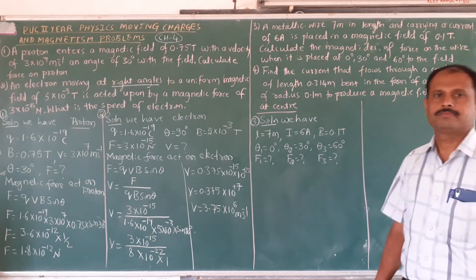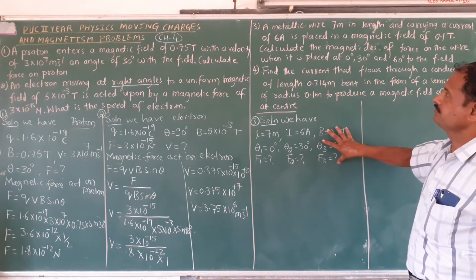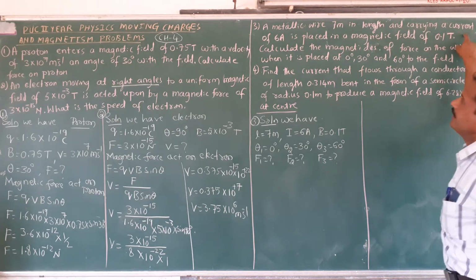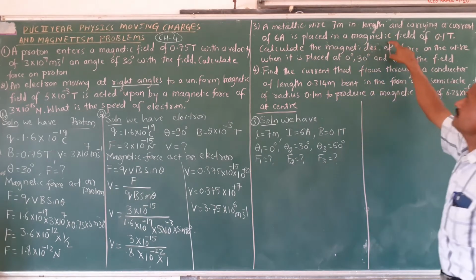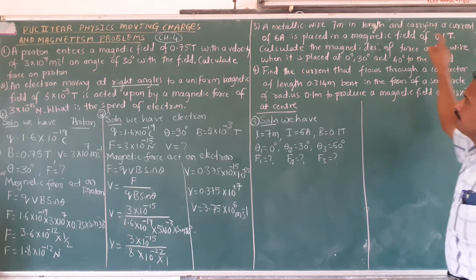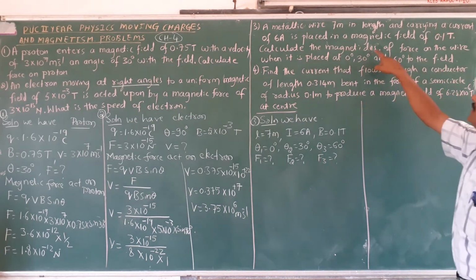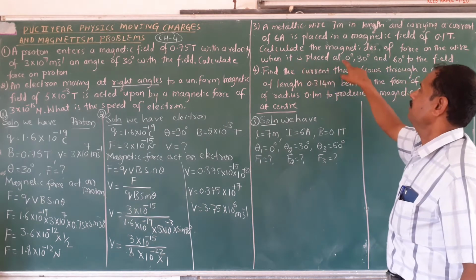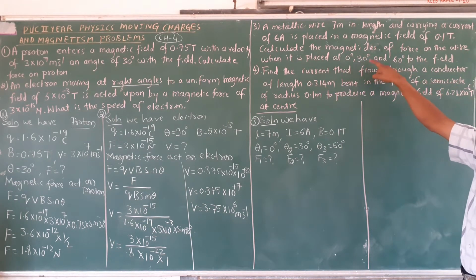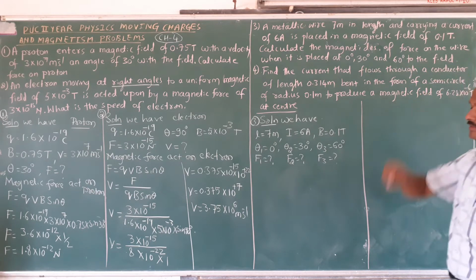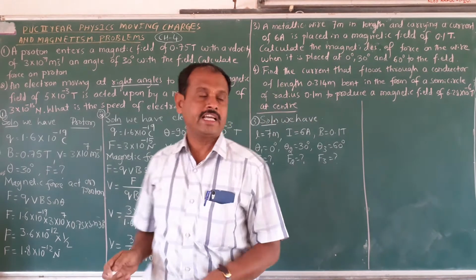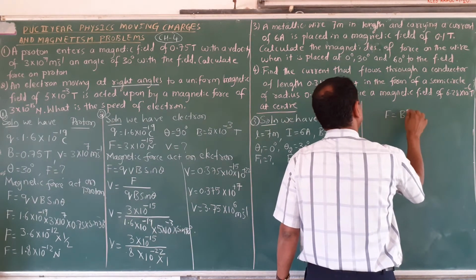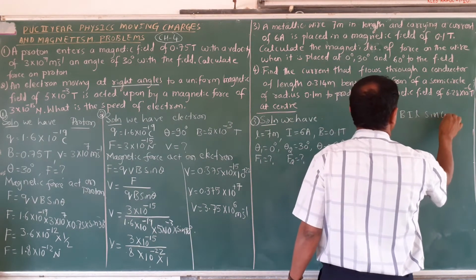But this problem is a metallic wire 7 meter in length carrying a current of 6 ampere, placed in a magnetic field of 0.1 Tesla. Calculate the magnitudes of force on the wire when it is placed at 0 degree, 30 degree and 60 degree to the field. What is the expression for the force acting on the current carrying conductor in the magnetic field? BIL sin theta.